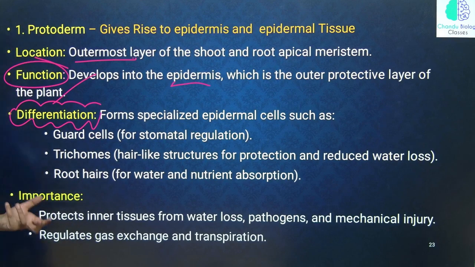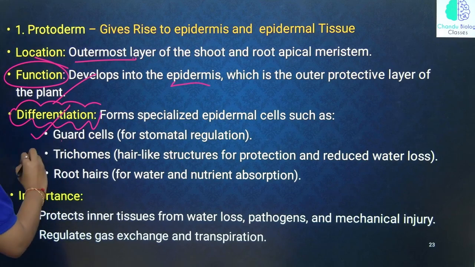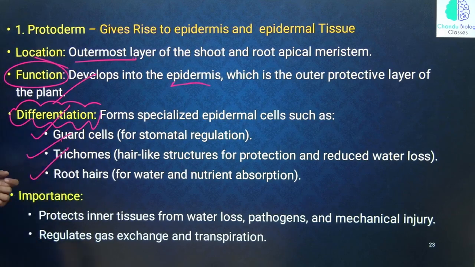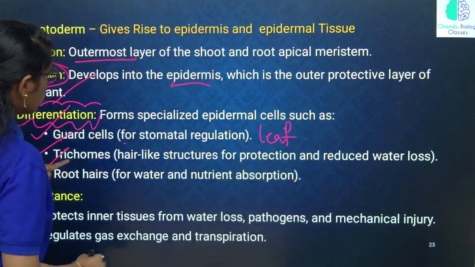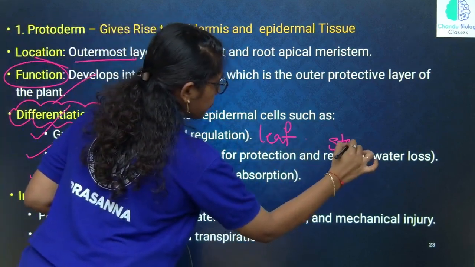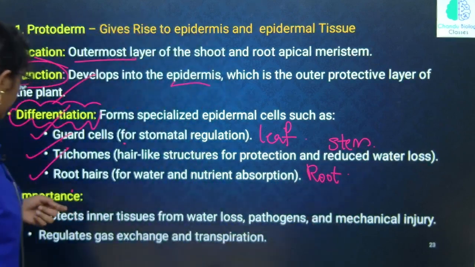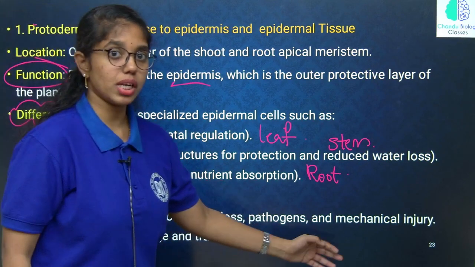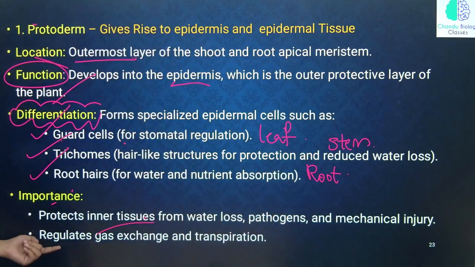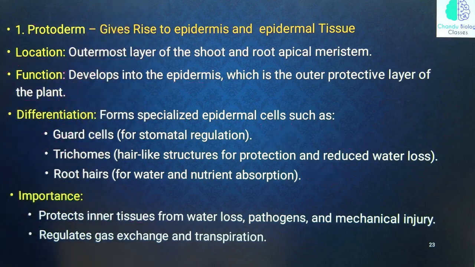They form certain specialized epidermal cells like guard cells in leaves, trichomes in stem, root hairs in root. Clear? And the importance of protoderm is that it protects inner tissues from water loss, pathogens and mechanical injury, and it regulates gaseous exchange and transpiration as well.